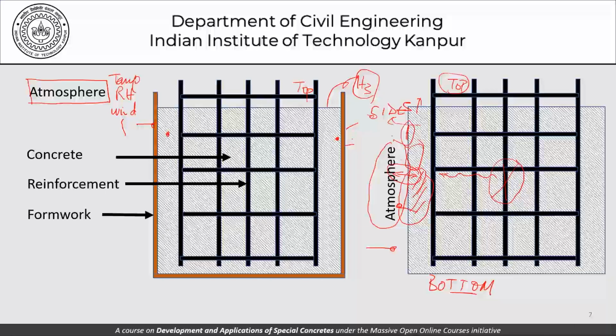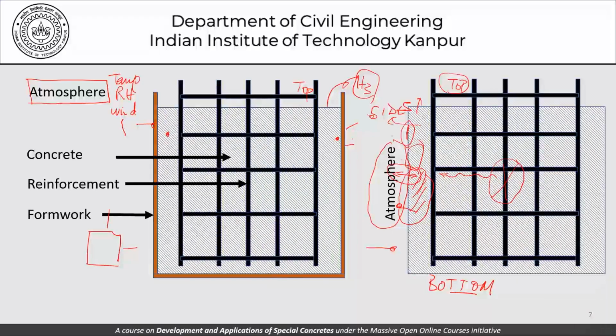If you want to take an actual example of what this represents, take a column like this. If I remove the formwork from the four sides, all these four sides will be exposed to the atmosphere, and the top here is something like this. It was always exposed unless we take definite measures to protect it.